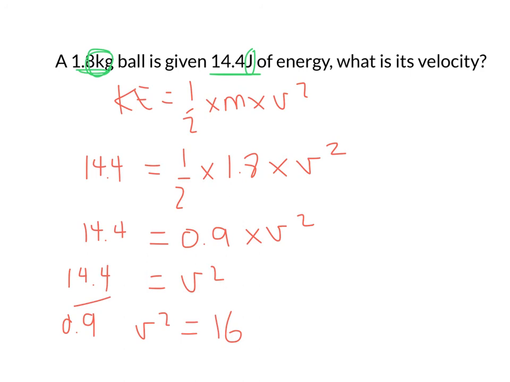Now, in order to get the velocity on its own, I will need to take the square root, because I am wanting to undo the squared. So the opposite operator from a squared is a square root. So I will need to do square root, and that is going to be 4 meters per second.